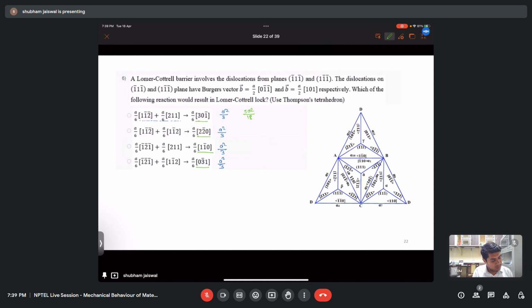For the second case, we'll get 1 by 9 a square, and here we have 2 by 36, 1 by 18 a square, and here we have 10 by 36, that is 5 by 18 a square.